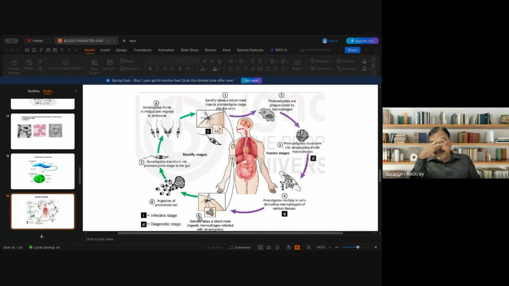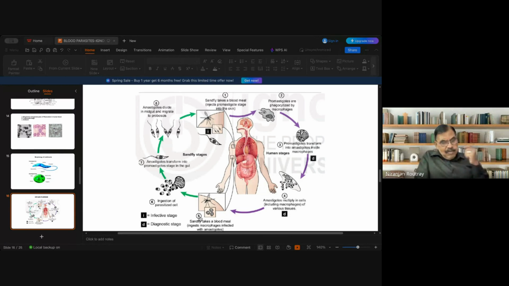This PM is secreted by the midgut epithelium, so it is necessary for further development. If we can resist the development of the PM, that is the peritrophic matrix, we can halt or block the progress of this disease in the community.